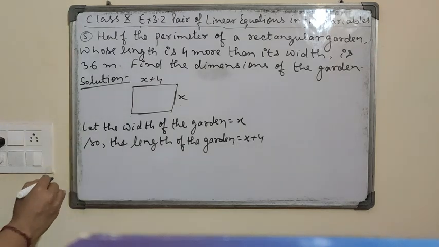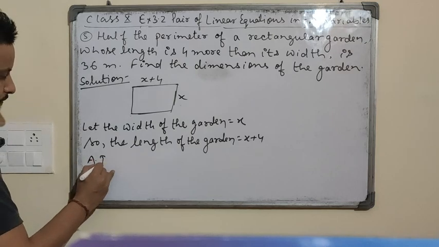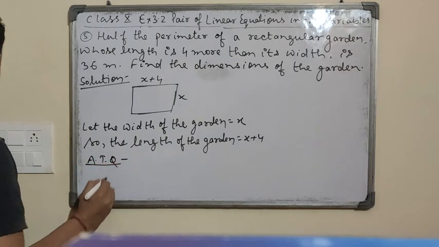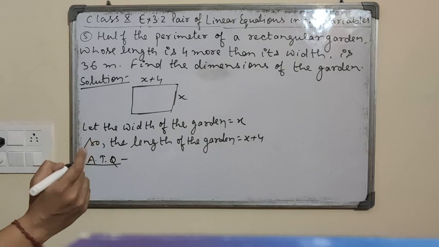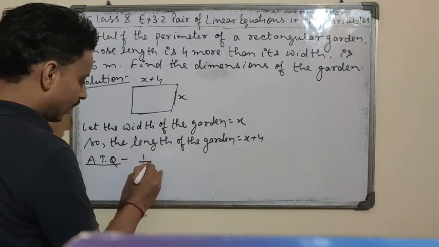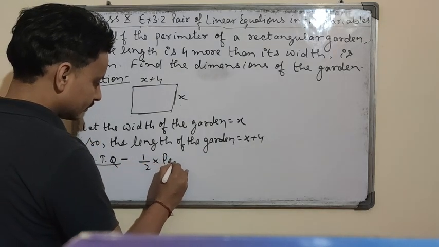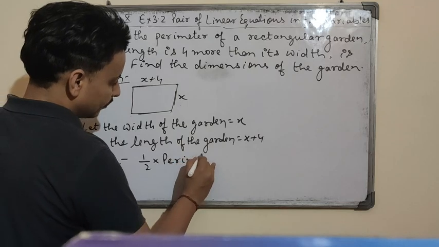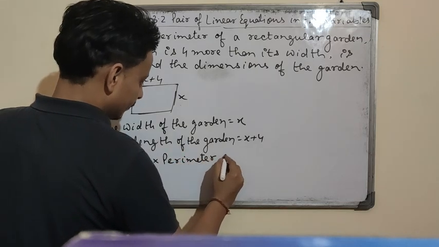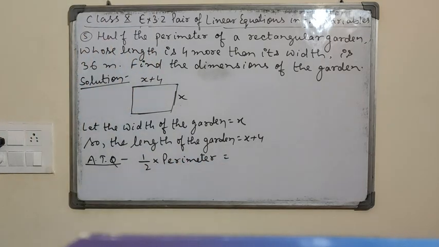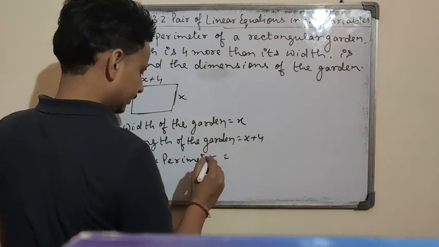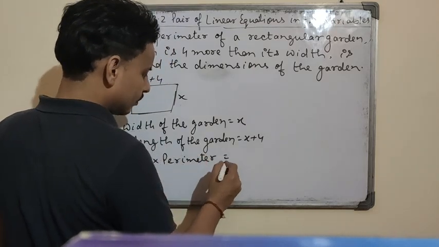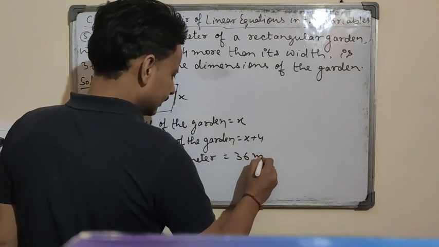And one more thing, according to the question we are given that half the perimeter of the garden is equal to 36 meter. Half the perimeter equal to 36 meter.